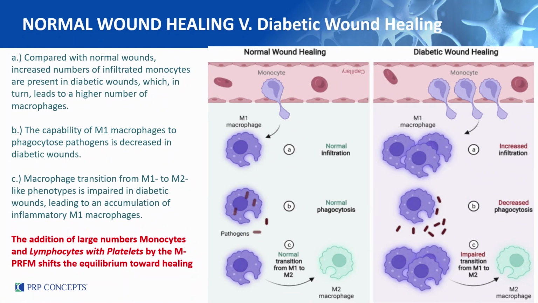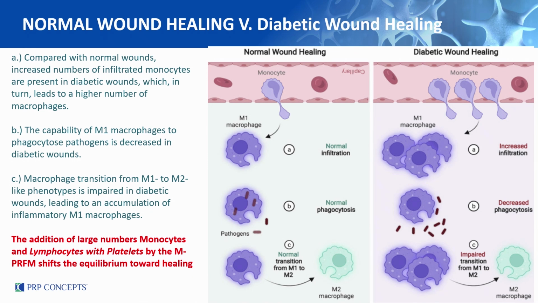And so here we see in the diabetic host, there's an excessive amount of monocytes, but the macrophages are dysfunctional here, and they're not phagocytizing like they should be. And then also, as we recognized, macrophages in the diabetic host, in the chronic wound, are in that M1 phase and have not yet been converted to the M2, the secretory phase.